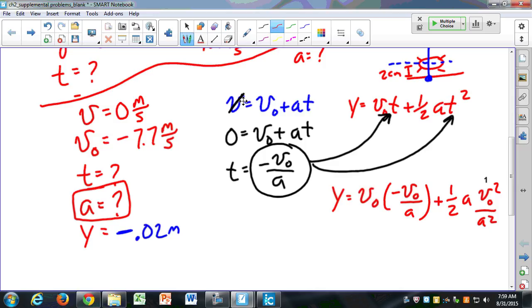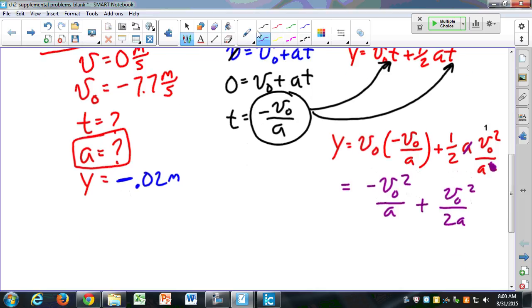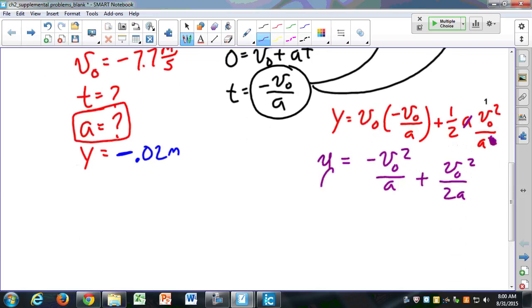All right, I can simplify this a little bit. At some point you might want to put numbers in; it depends on what you like. I can get rid of that a and say this is negative v naught squared over a plus v naught squared over 2a, and that's equal to y.